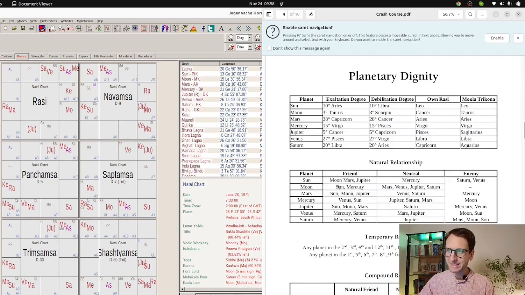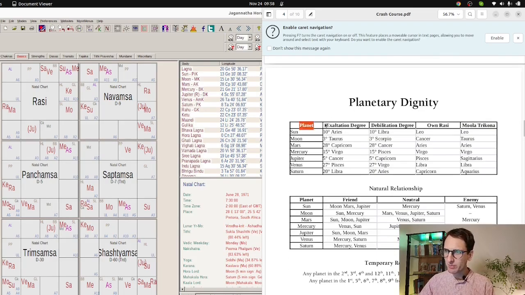So besides the relationship, this is a very important table. This is where the planet is exalted and where he is debilitated. So each planet, according to the Vedic scriptures, they describe that when they are in their orbits, they have a very significant point in that orbit where they're attracted to and pushed away from.